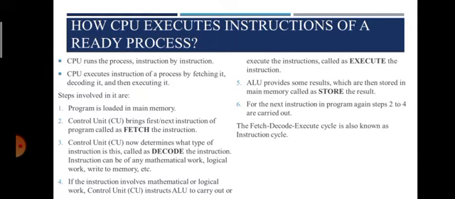This is known as execute the instruction. So fetch, decode, execute has been done. Now the ALU will give some results, which are then stored in the main memory, called store the result.